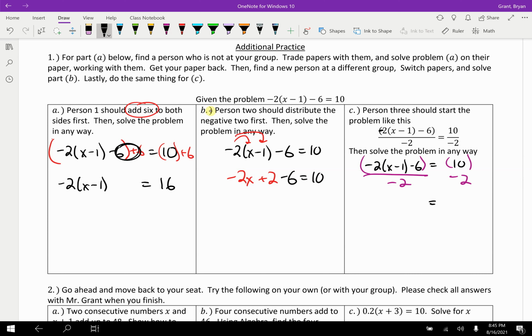The right side isn't bad. 10 divided by -2 is -5. The left side is trickier, though. And the left side is trickier because, like multiplication, we have to distribute our division. This -2 is going to divide this term, and then it's going to divide the -6. Let's do the -6 first.